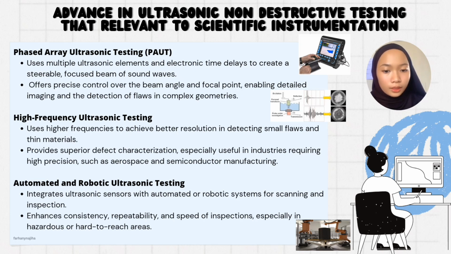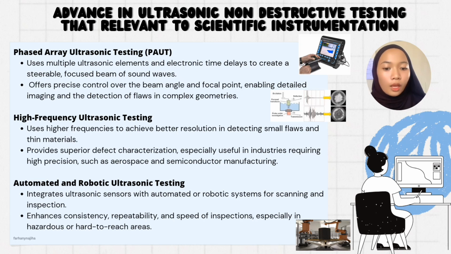complex geometries. Next, we have high-frequency ultrasonic testing that uses higher frequency to achieve better resolution in detecting small flaws and thin materials. This provides superior defect characterization, especially useful in industries requiring high precision such as aerospace and semiconductor manufacturing.